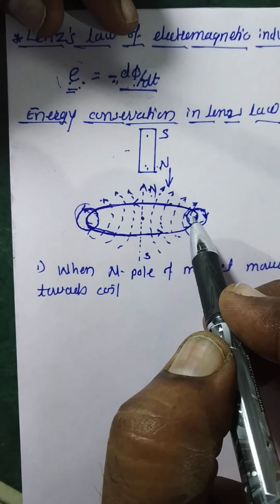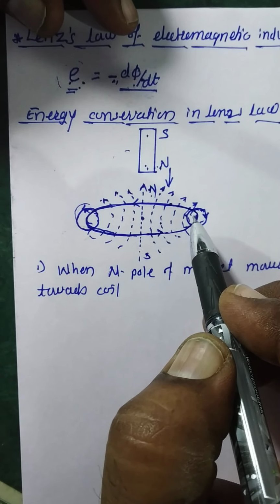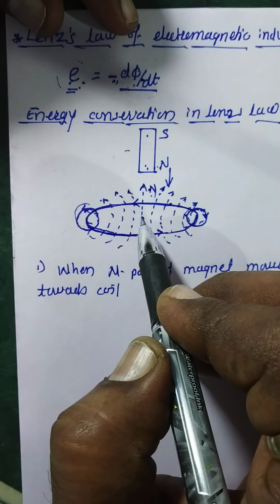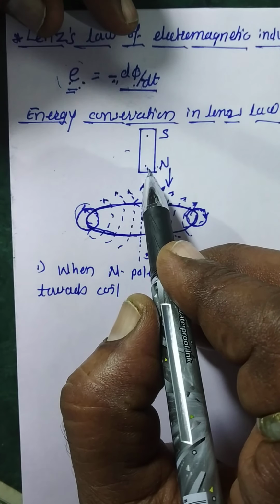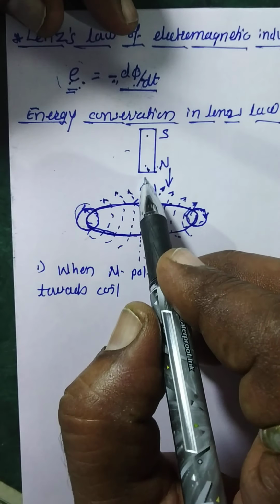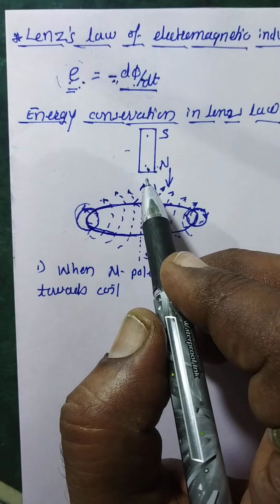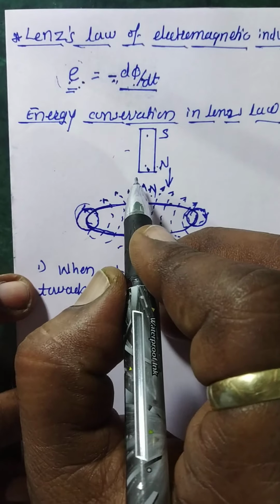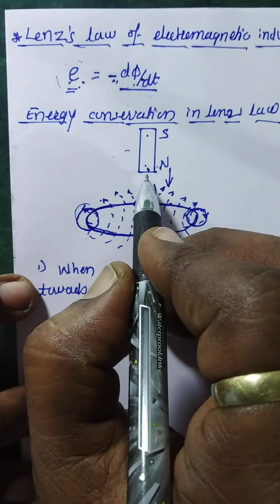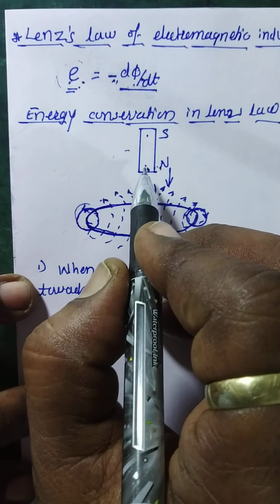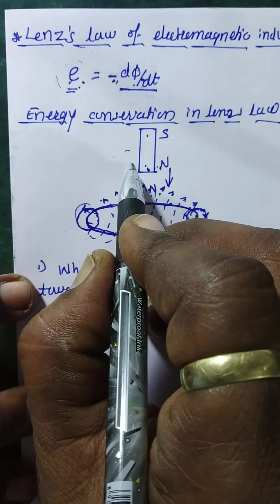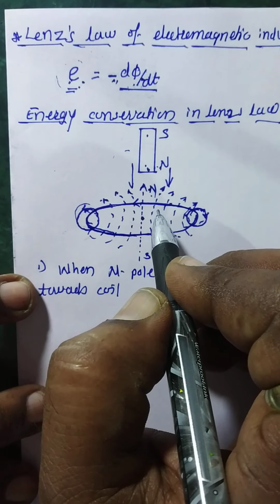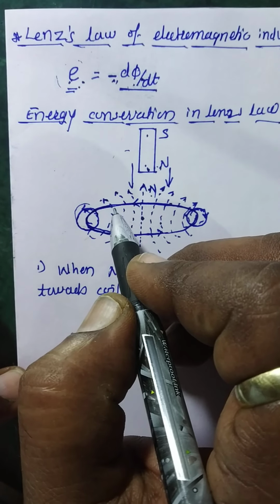This magnetic dipole is oriented such that the face of the coil facing towards the N pole acts as an N pole and tries to oppose the motion of the magnet, and hence external work has to be done on the magnet.